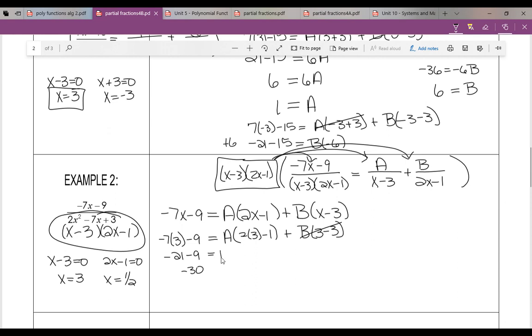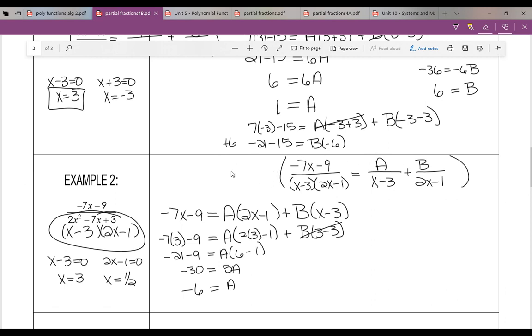And this gives me A times 6 minus 1, which is 5A, and A is negative 6. So I'm going to come up here and I'm going to erase A, and I'm going to put negative 6 in its place.